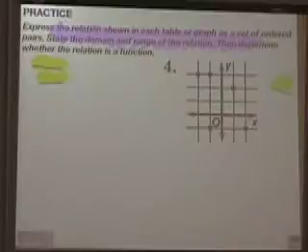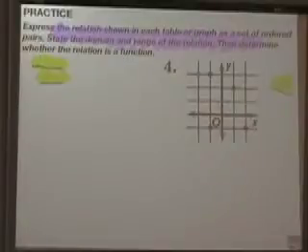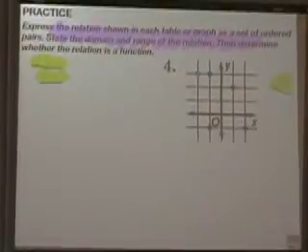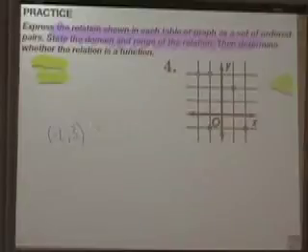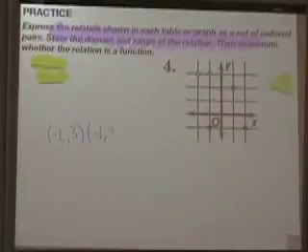On this one, you've got to tell the ordered pairs as well. Okay? This point right here is what? Negative 2, 3. This point right here is what? Negative 1, 3. This point here?